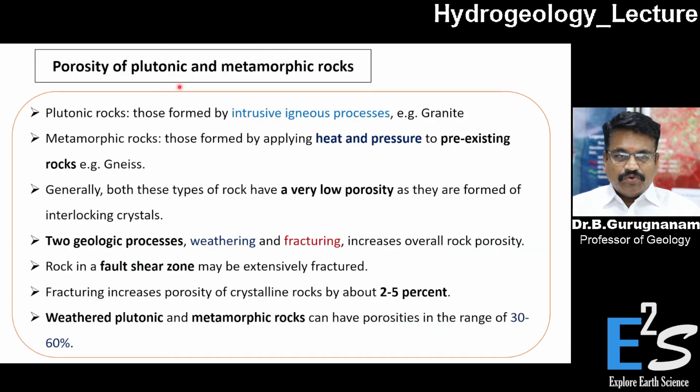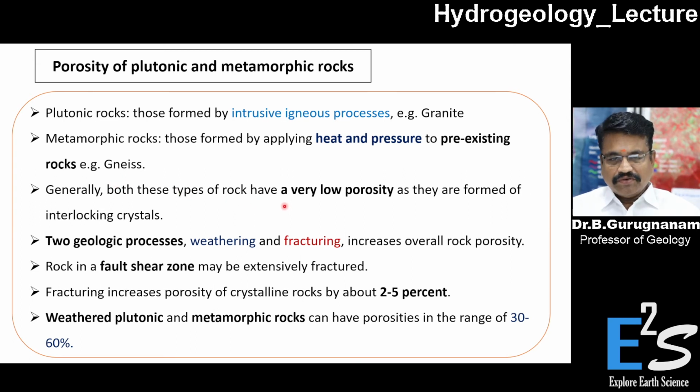Porosity in plutonic and metamorphic rock, those formed by intrusive igneous processes. Examples of these rock types are, as we know, granite, and metamorphic rocks are formed because of heat and pressure on pre-existing rock. After this process of heat and pressure, we get schist and gneiss.